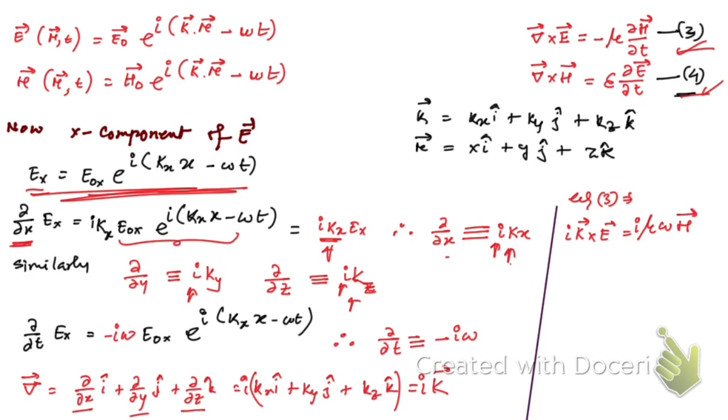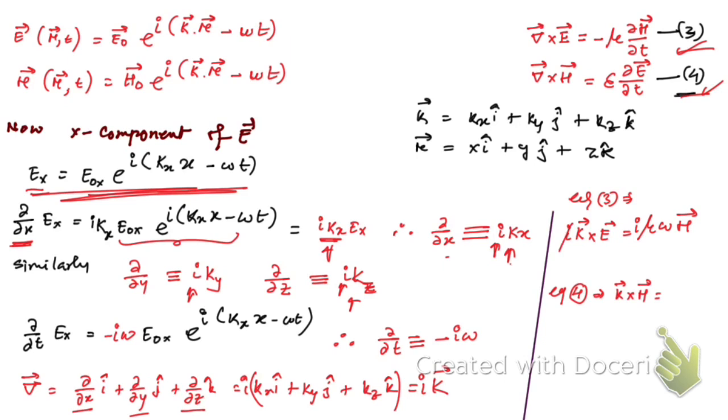Similarly, equation number 4 becomes of this form. One more thing, you can cancel the i from both sides.